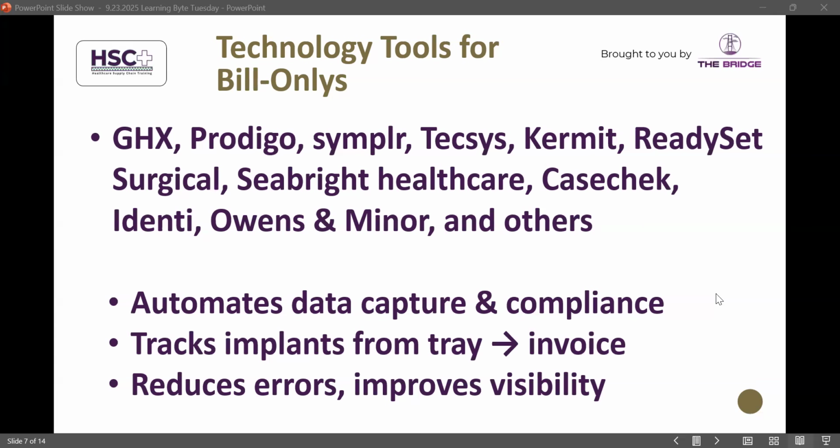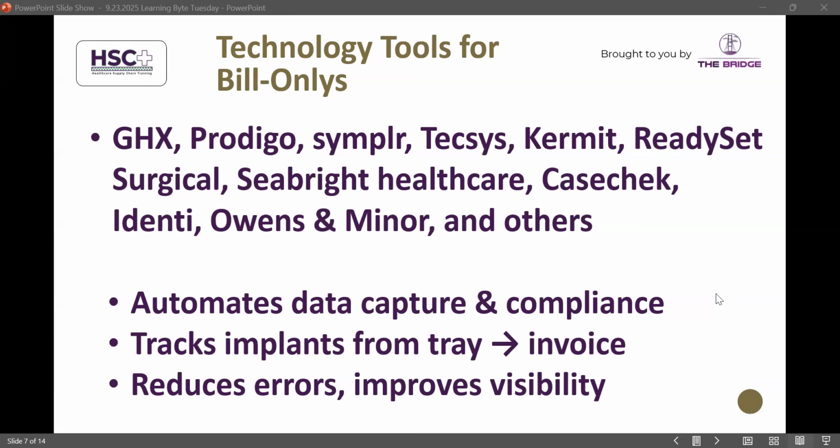What does technology do for you? It automates the data capture and the compliance. So I'm just going to give you an example of Kermit because I'm very familiar with Kermit. Kermit actually goes a bit deeper, and they actually go into your contracts and it reads the contract language.